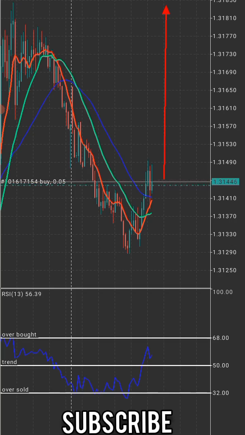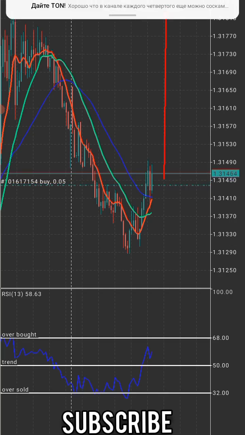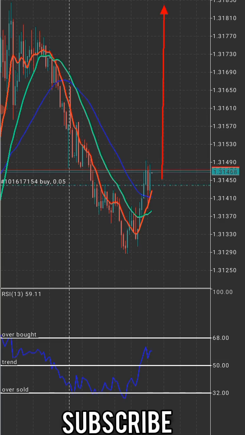When we understand this, we use majorly the RSI, our relative strength index, so that we can trade the divergence. Let's quickly go to our RSI because I want to show us something about RSI.